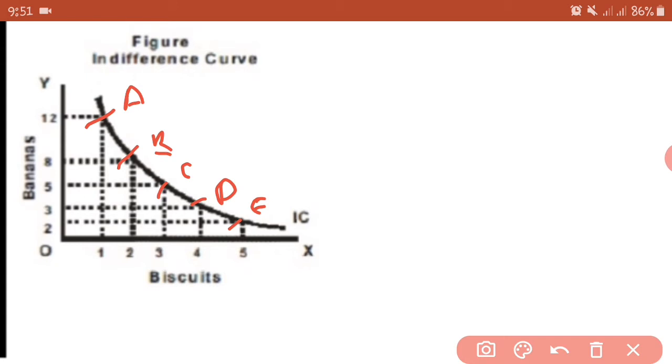That's why the consumer becomes neither better off nor worse off while choosing any one of these combinations on the indifference curve.